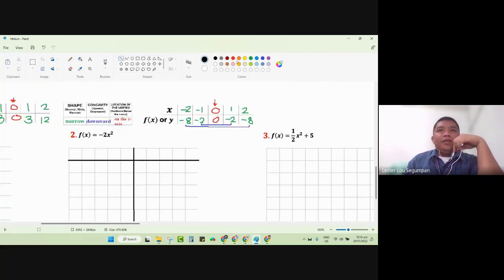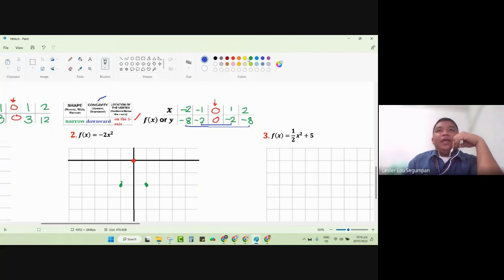So we plot the points starting with the vertex at 0, 0. So the vertex is really on the x-axis. Next, you have 1, negative 2 here, and negative 1, negative 2 here. So since the points are already below, we are expecting that it's opening downward.